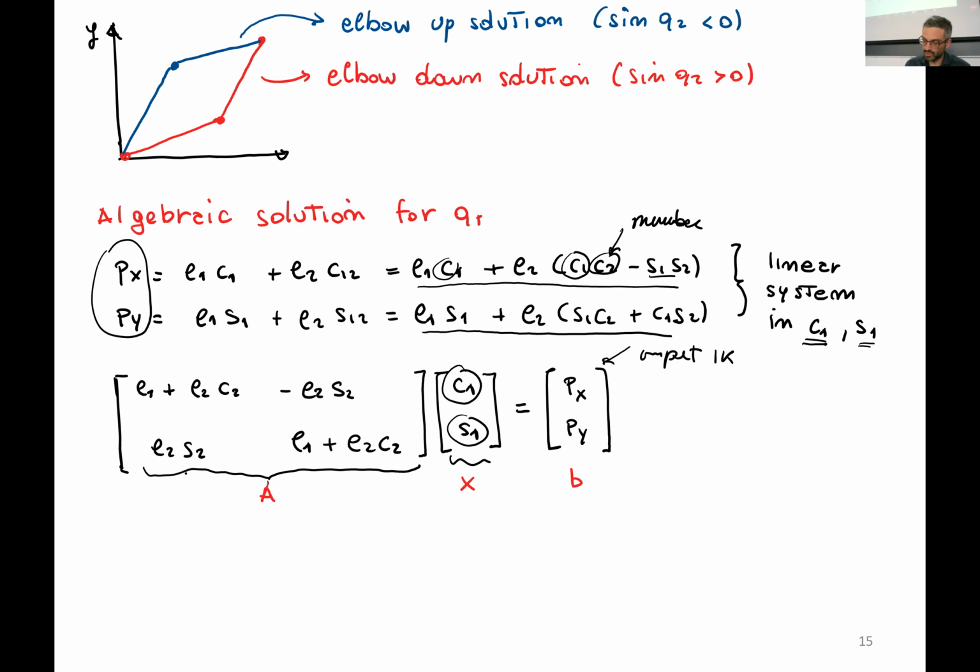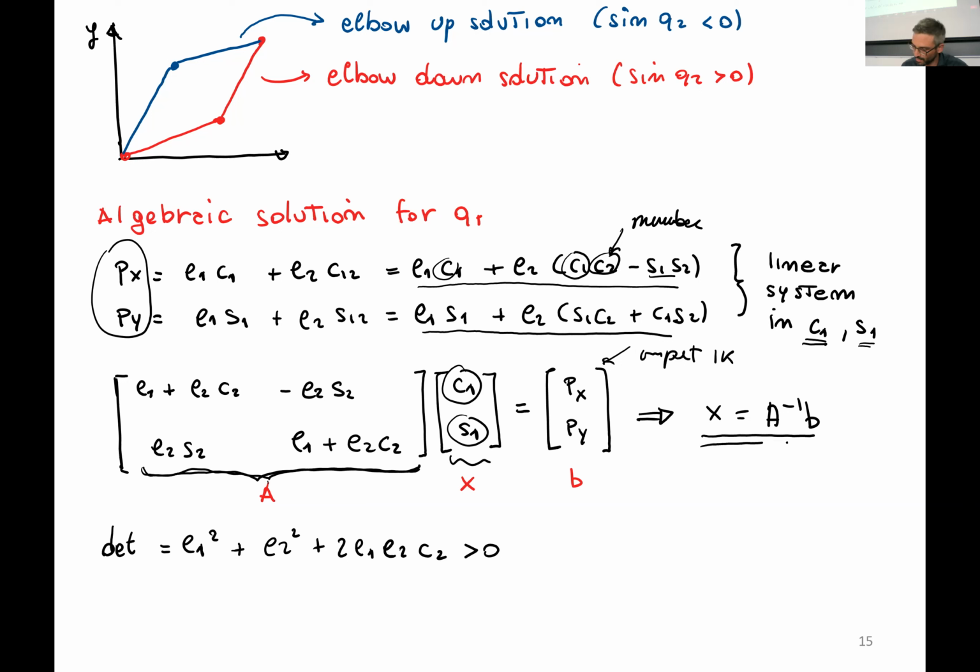And what we need to check to see if this system is solvable is that the determinant should be different than 0, bigger than 0 in this case, because we need to compute the inverse of A to compute the value of X, that are cosine and sine of Q1.